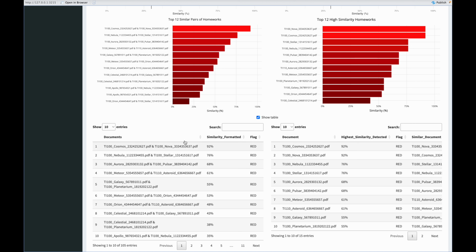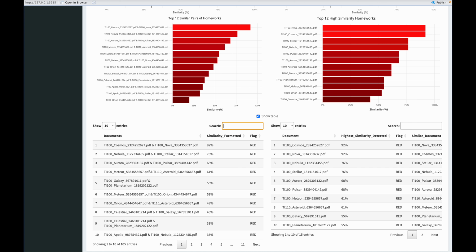Unlike the one on the left, this is individual homework. You can see there's only one document, and the similarity right here is the highest similarity that this document Cosmos has.